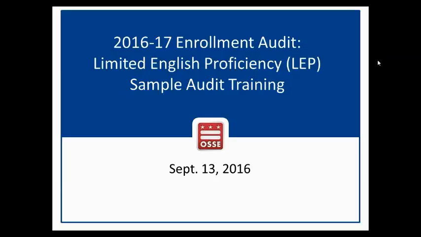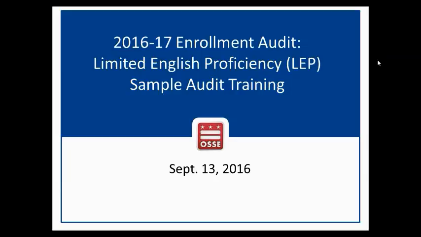So first, the definition of LEP. Students must meet all 4 conditions of this federal definition in order to qualify for the LEP-NEP funding supplement through the UPSFF funding formula. Students need to be between the ages of 3 and 21.